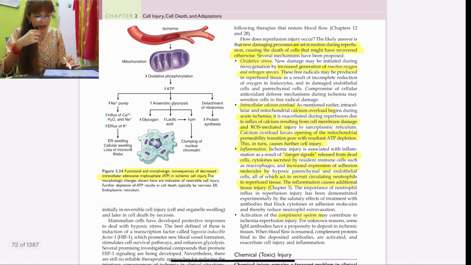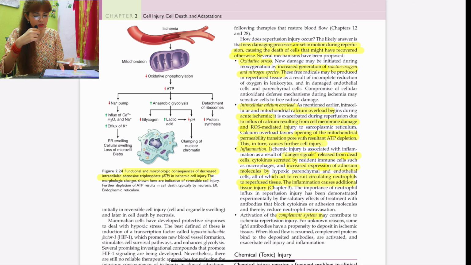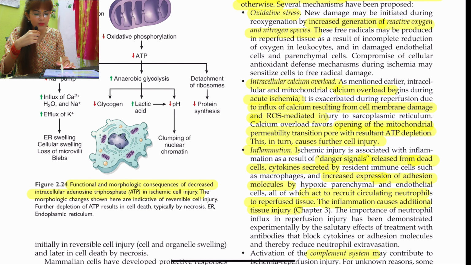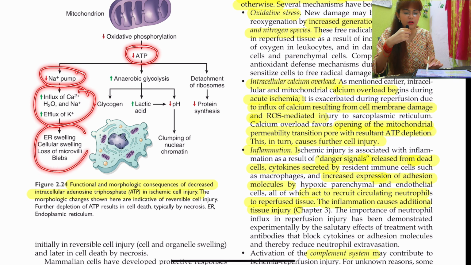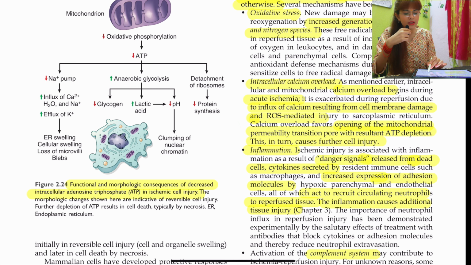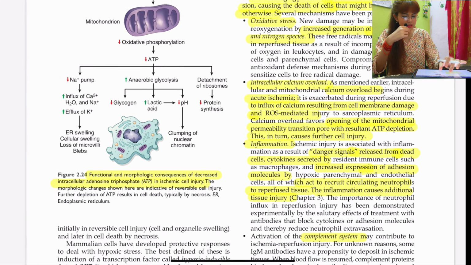Now, this I have already explained. This is just a repetition of whatever I've explained before. You can see that because of a decrease in ATP, there's a decrease in the potassium pump, and all of this will take place. So the cell will swell up, and there's going to be an increase in anaerobic glycolysis. So decrease in glycogen, increase in lactic acid, decrease in the pH, clumping of the nuclear chromatin, detachment of ribosomes, and decrease in the protein synthesis.